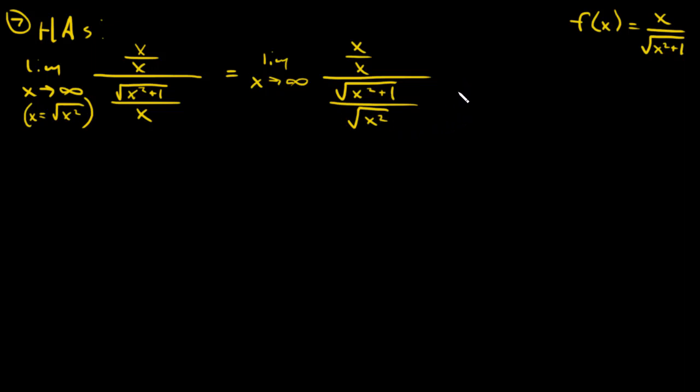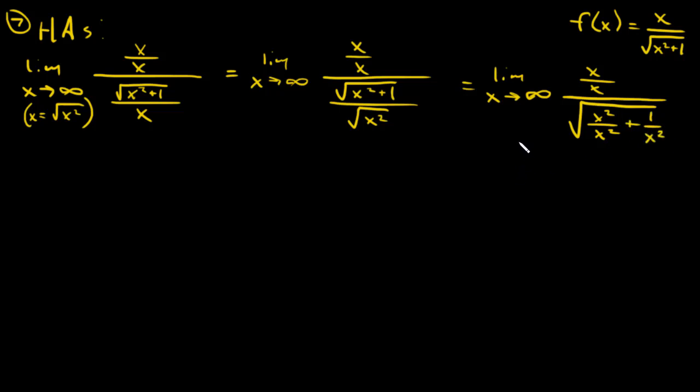I can combine them into one big root, so this is going to be the limit as x approaches infinity of x over x, over one big root of x squared over x squared plus 1 over x squared. Now I can apply the limit. That's just going to be a 1. And what happens when I plug infinity in for x? This goes to 0. So I have 1 over root 1, which is 1.